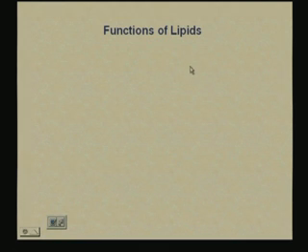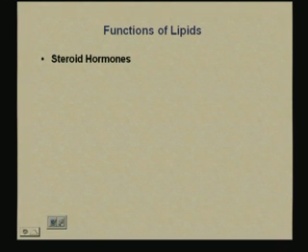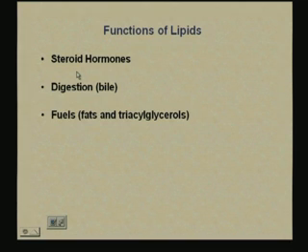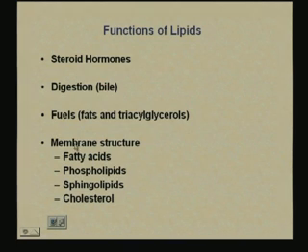Now, if we look at the functions of lipids, they play a very important role in biological cells and biological cell membranes, and of course, membrane transport, which we will be doing later on. We have steroid hormones, and in digestion, fats and triacylglycerols, which give us the fuel for our bodies, and the membrane structure.